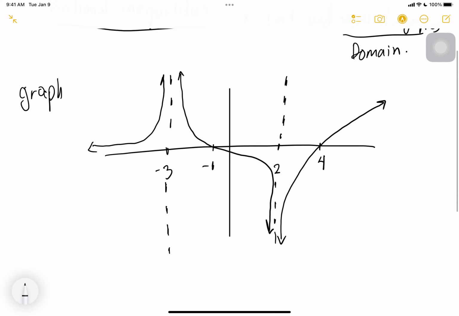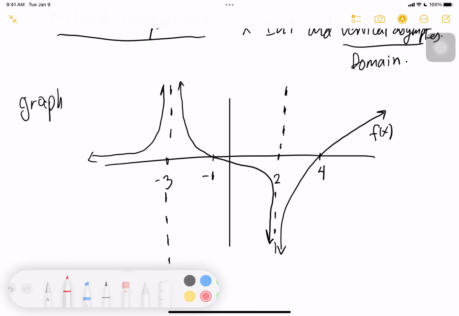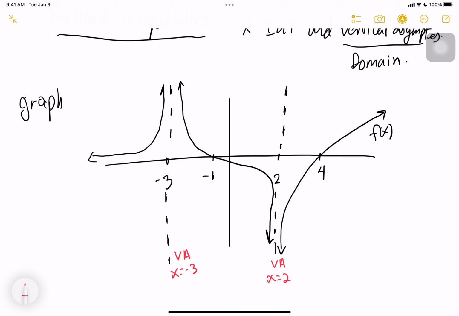Let's call it f of x right here. What we have to note is that this graph has two vertical asymptotes. One vertical asymptote right here at x equaling -3. Another vertical asymptote at 2. Okay, and then we have two x-intercepts.